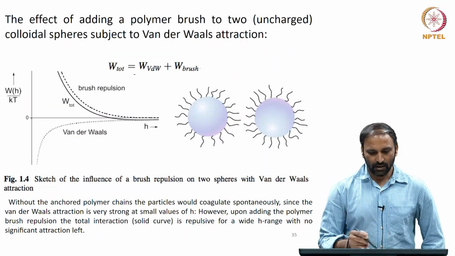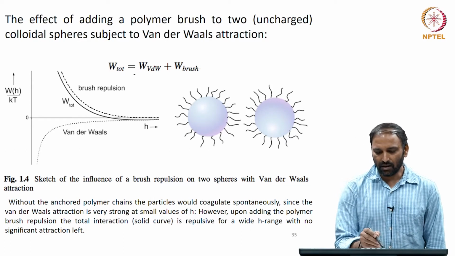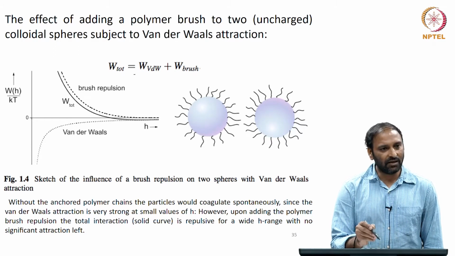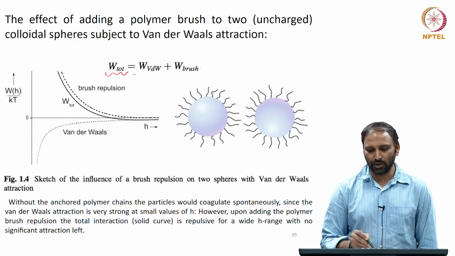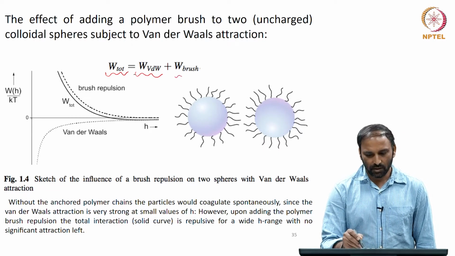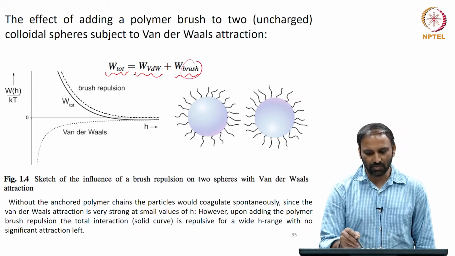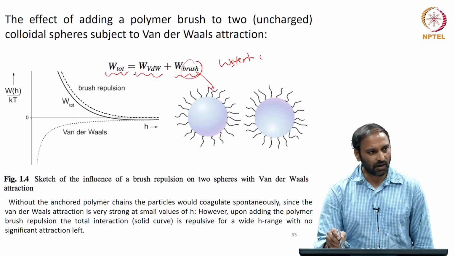So this is again a general thing: in any colloidal system, the total interaction potential will always be a summation of van der Waals plus W brush. In this case, W brush essentially corresponds to W steric, if you want to call it that.